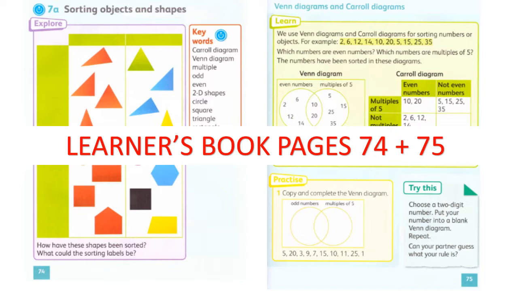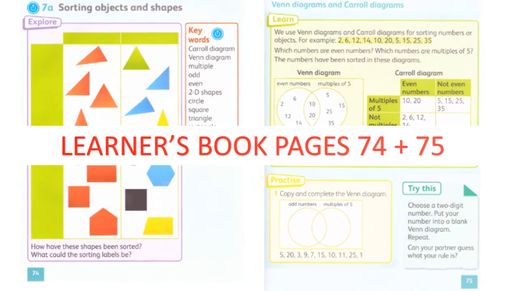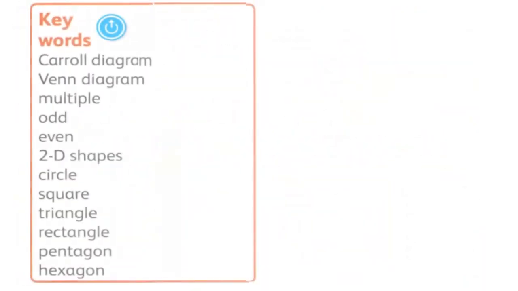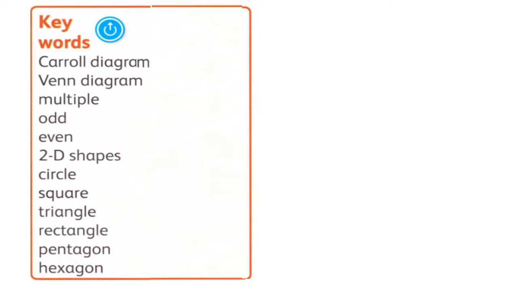Today we're going to look at pages 74 and 75 of your learner's book, sorting objects and shapes. Let's take a look at some key words.